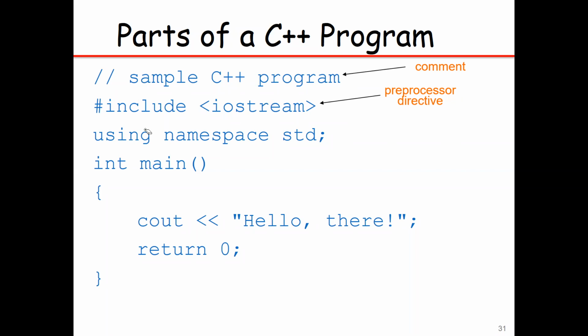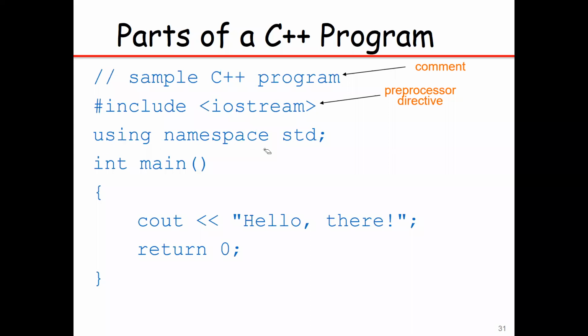So the iostream must be included before using cout in your program. If you eliminate the cout, then you can eliminate the iostream. But generally iostream is necessary because most programs contain cout and cin statements. So you should include this preprocessor directive.